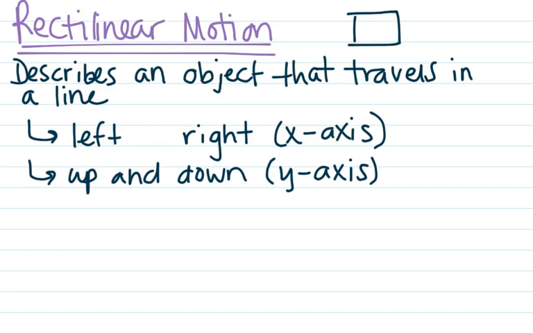Okay, so it can move left and right, or it can move up and down. And they usually give you that information in the problem. That way, if the velocity is negative or positive, you know what orientation that would be. Okay, so often this is used whenever we're talking about a generic particle in motion.